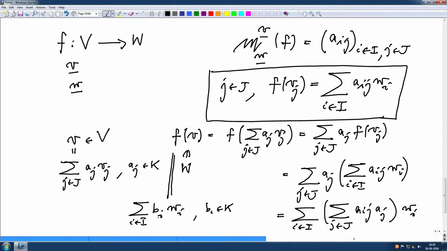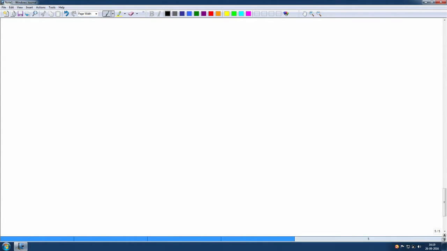So that means for each i in I, b_i is equal to this inside quantity.